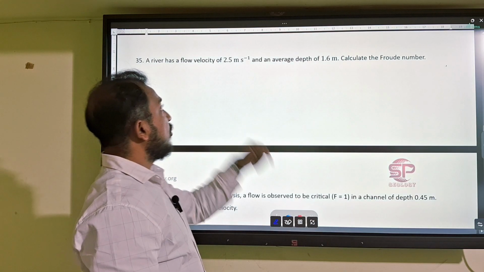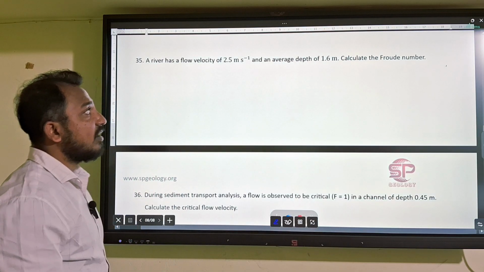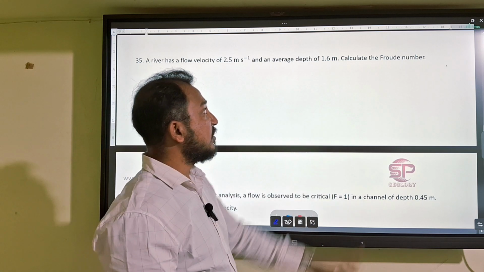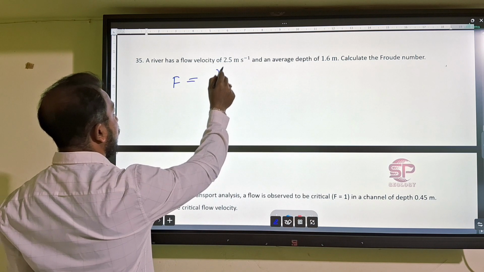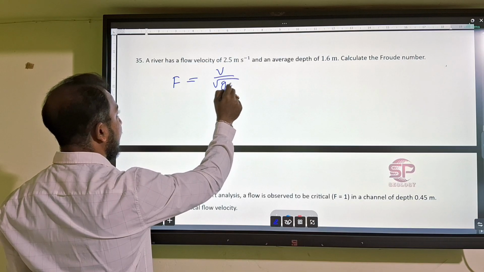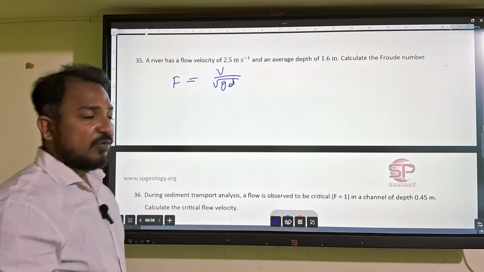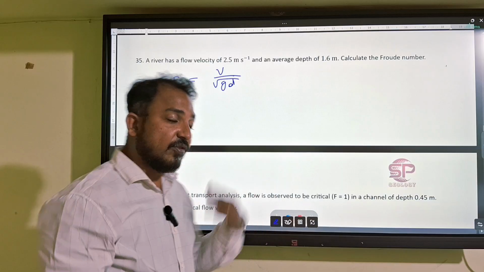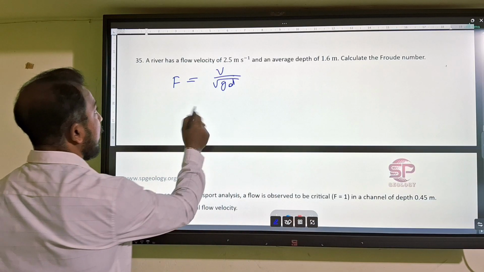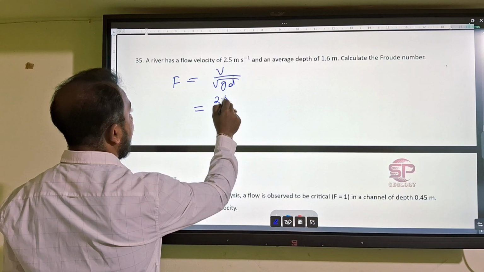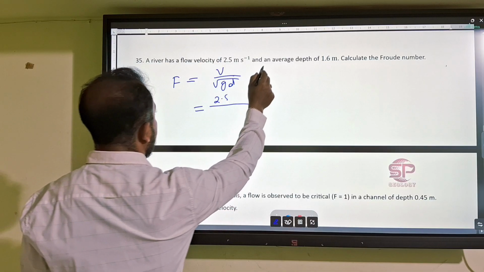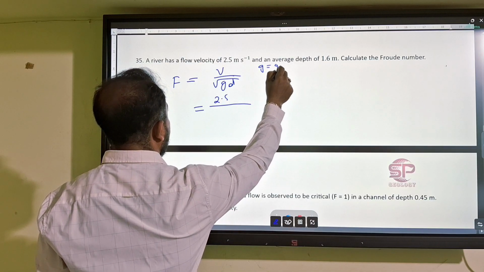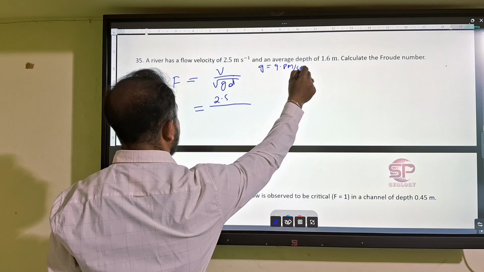Next, a river has a flow velocity of 2.5 meter per second and an average depth of 1.6 meter. We have to calculate the Froude number. What is the formula of the Froude number? V by root over of GD. V is the velocity, D is your depth, G is your acceleration due to gravity. Flow velocity is given 2.5 meter per second. Depth is in meter, so all are in the same unit. G we will take as 9.8 meter per second square.